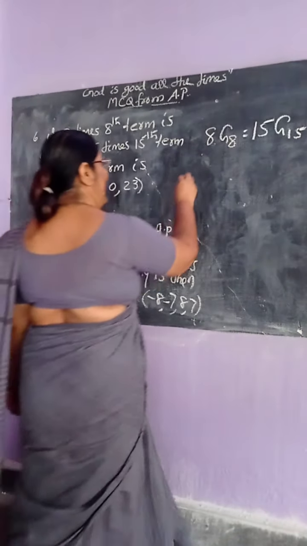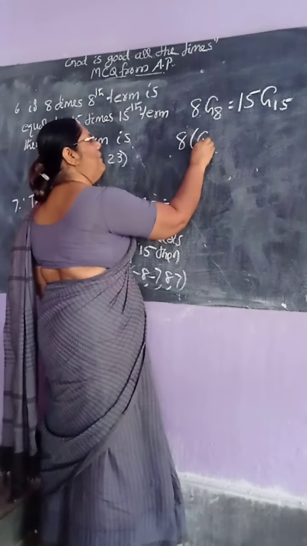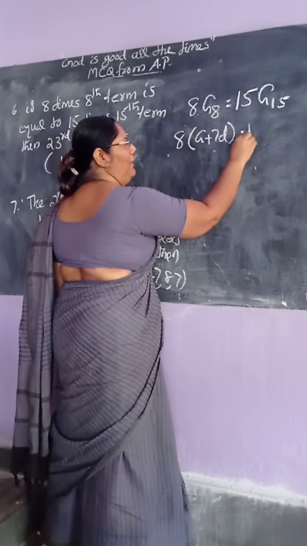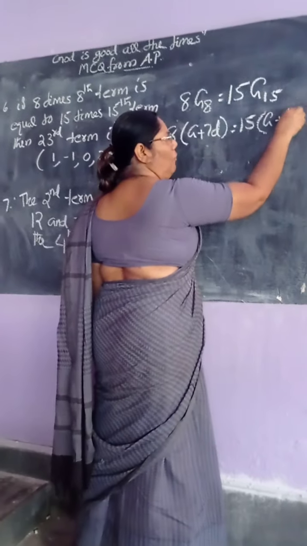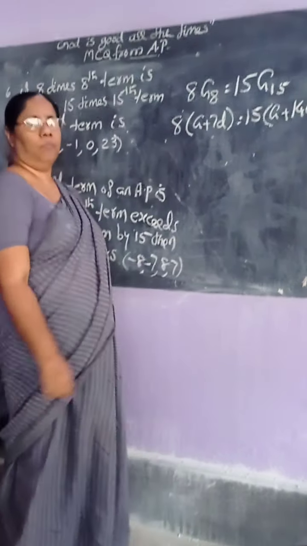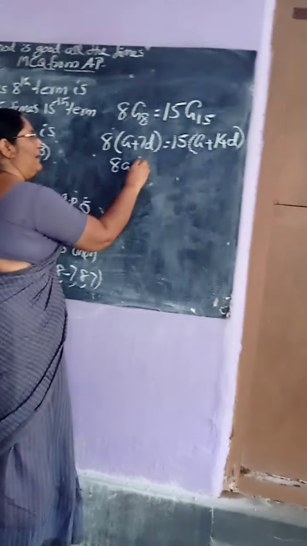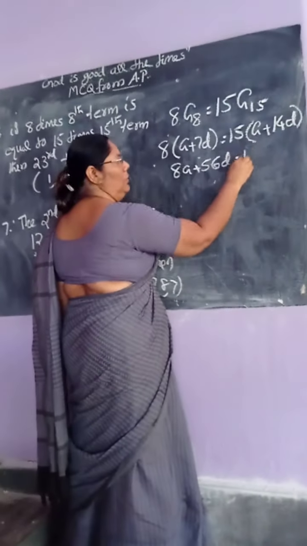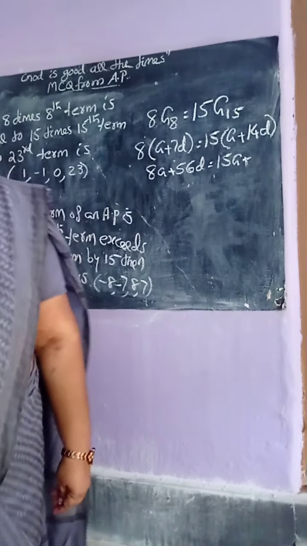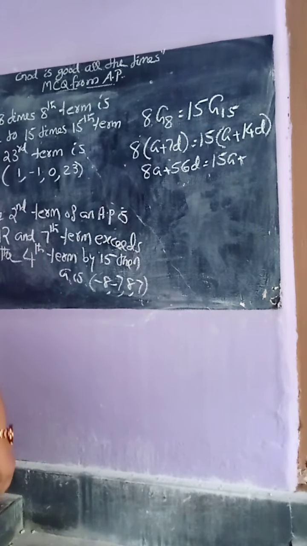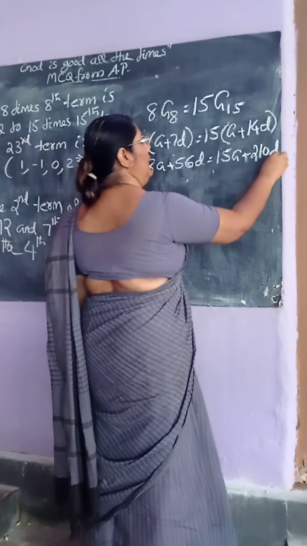Now, 8 into, how can you write the 8th term? Yes, a plus 7d equal to 15 times a plus 14d, since a15 means a plus 14d. Open the bracket: 8a plus 8 sevens are 56d equal to 15a plus, what is 15 into 14? 15 into 14 is 210d.